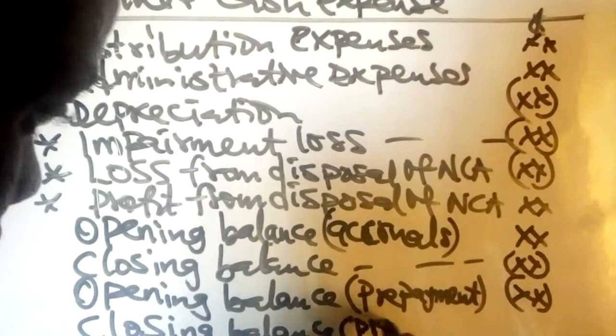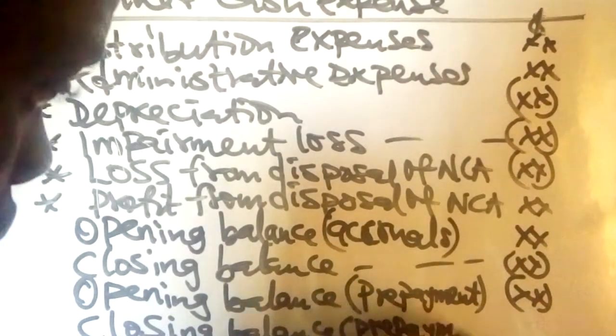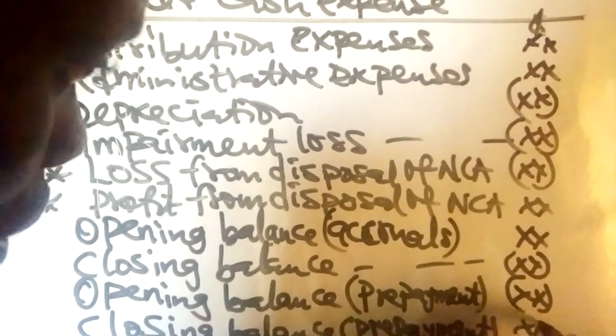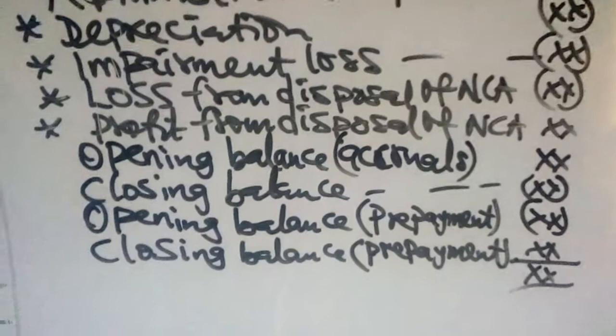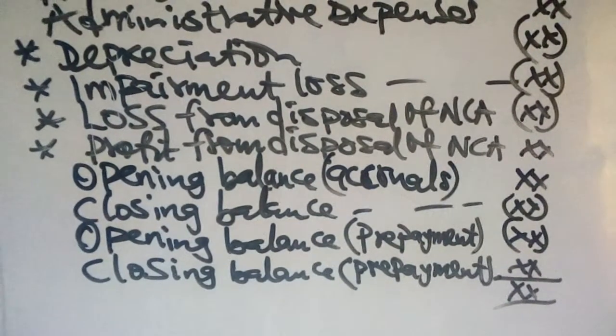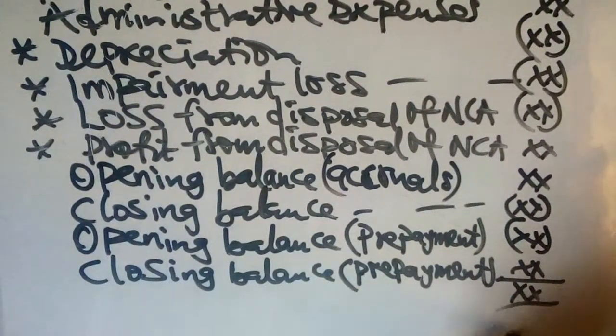This is prepayment. So after this adjustment, you arrive at the amount of expense, the amount that was paid.